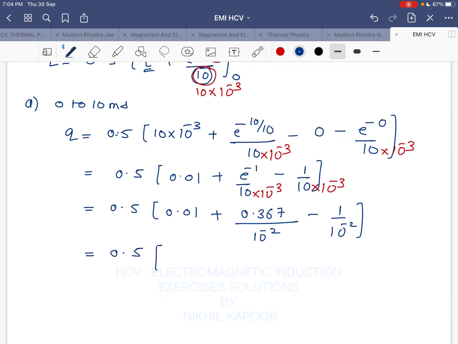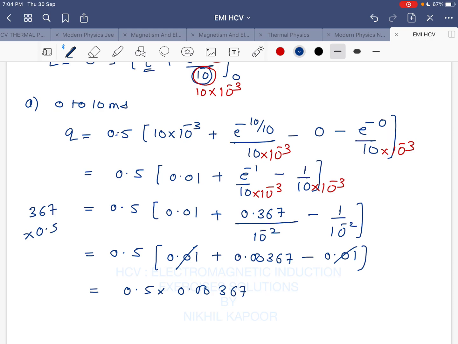So it will be 0.5 in bracket 0.01 plus 0.00367 minus 0.01. So this 0.01 will get cancelled out, and it will be 0.5 into 0.00367. So 367 multiplied by 0.5: 5 7s are 35, 3 carry, 5 6s are 30 plus 3 is 33, 3 carry, 5 3s are 15 plus 3 would be 18.